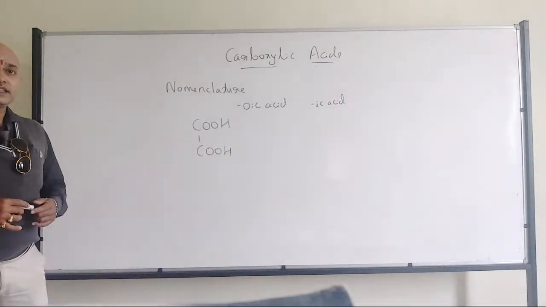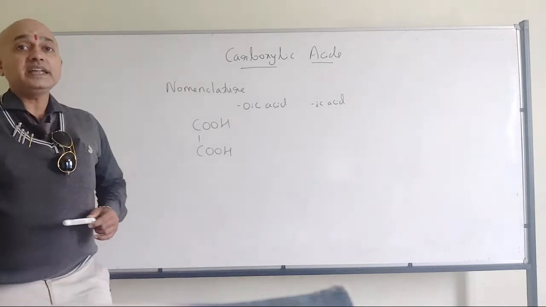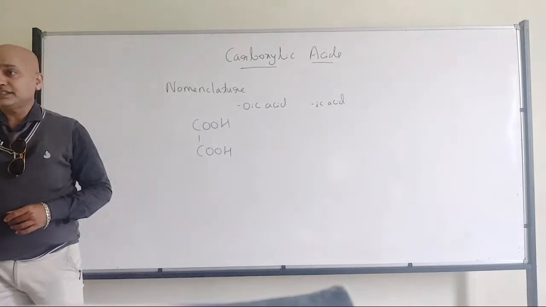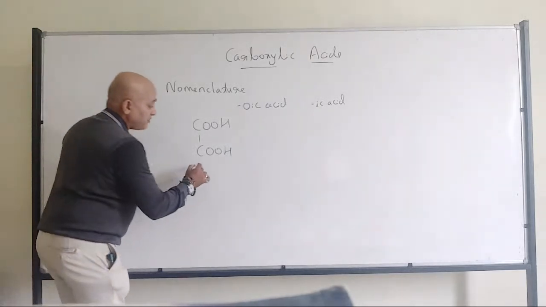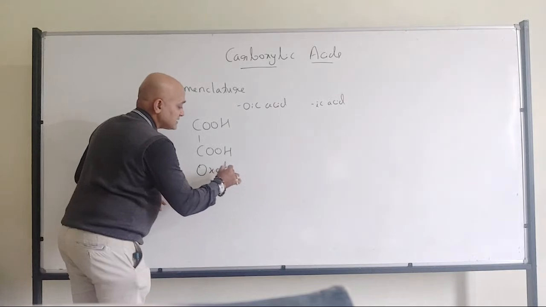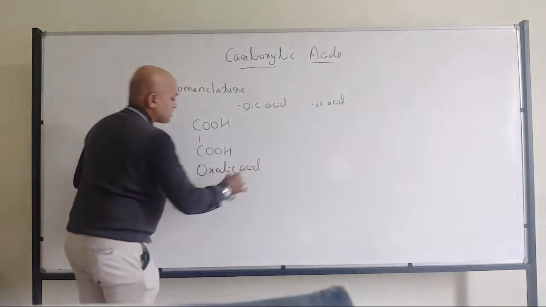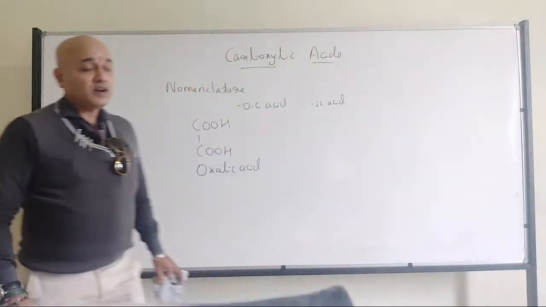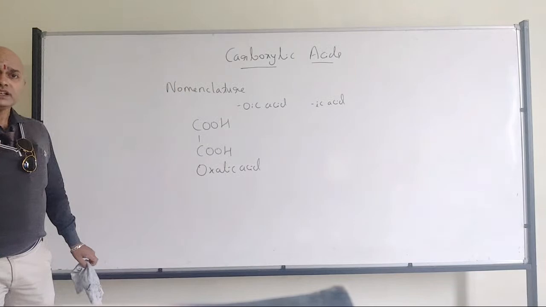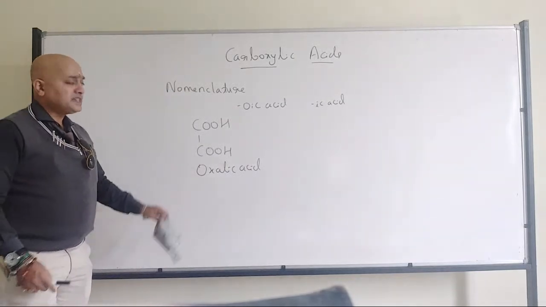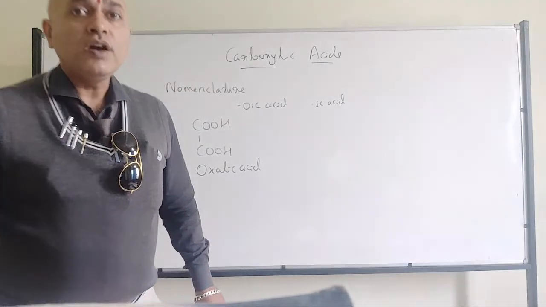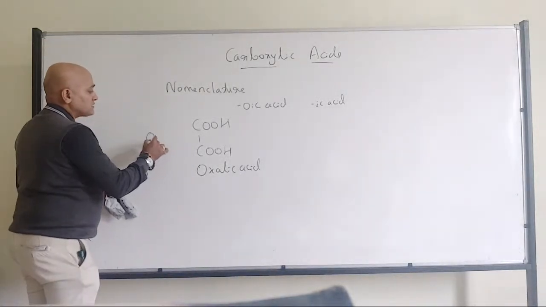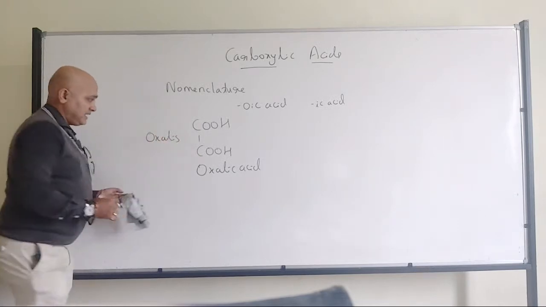If people have studied titration, or even salt estimation, this molecule is nothing but oxalic acid. It is a common name because it was majorly found in the flowers of the oxalis family.